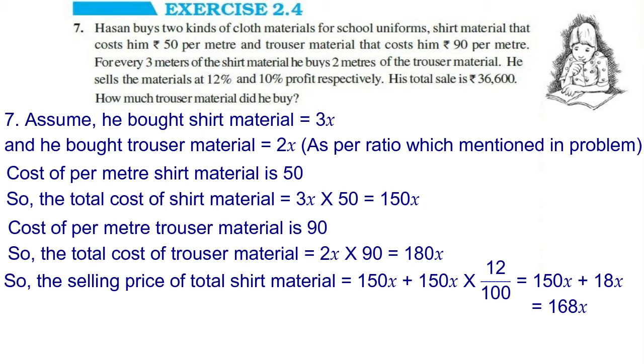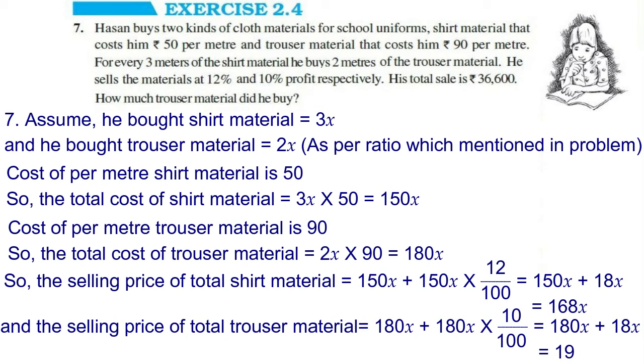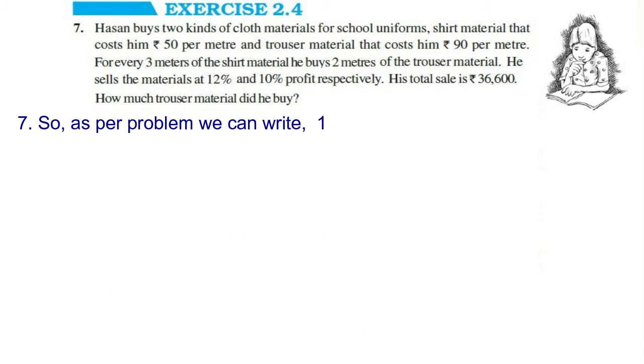Similarly, he bought the trouser material at the cost of 180x and he sells the trouser material at a profit of 10%. So the selling price is equal to 180x plus 180x into 10 by 100, means 10%, is equal to 198x.